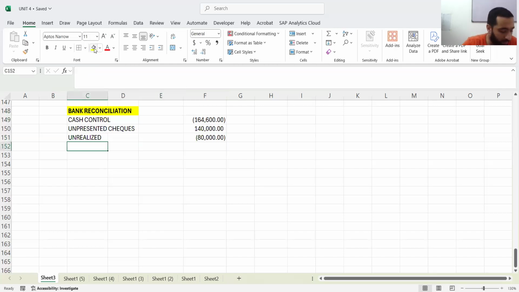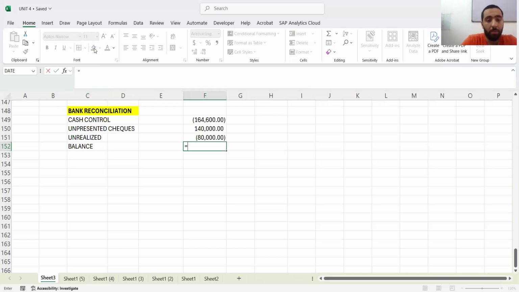Okay. Finally, how much is the value? Balance. How much is the balance? Very simple. This is the balance. We are done with all the questions and ready to move on to the past paper questions.